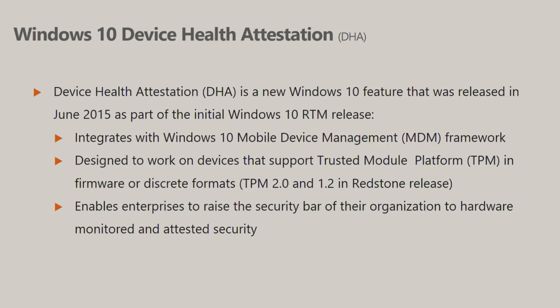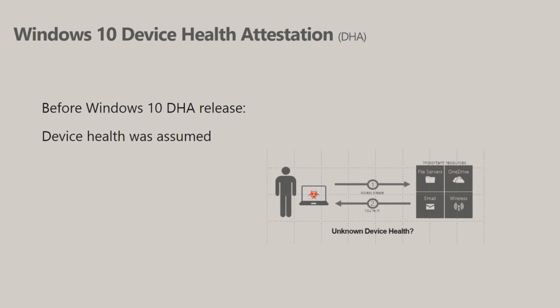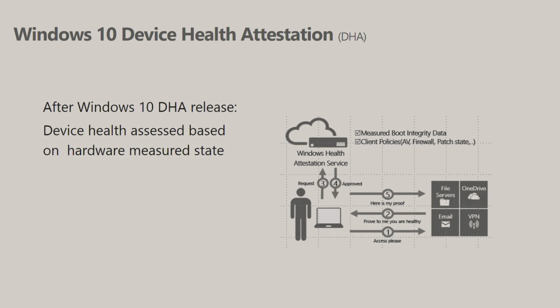So therefore, I'm not going to trust you and not let you on my network. How cool is that? There's more functionality being added to it. I was in a meeting about a month ago with the product group, and they're adding quite a bit to it. So, like I said, device health was always assumed before this functionality came in. Now we're actually getting to device health.